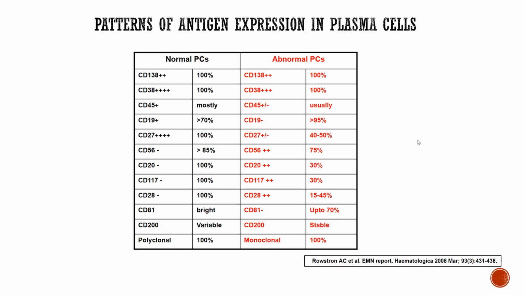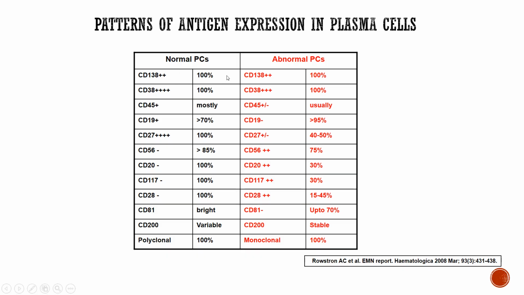So if you look at the frequency-wise expression of these markers in normal plasma cells, CD38 and 138 are considered 100%. Although it is 100%, CD138 has a limitation because CD138 is a very labile kind of protein, and it can be lost after exposure to cold or transport, and may not identify 100% of plasma cells.